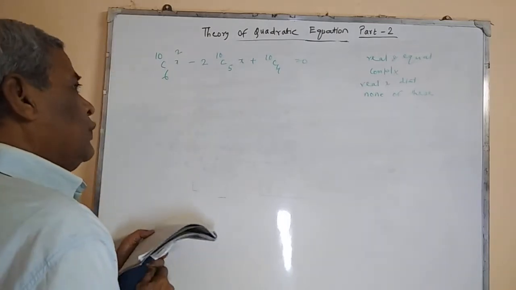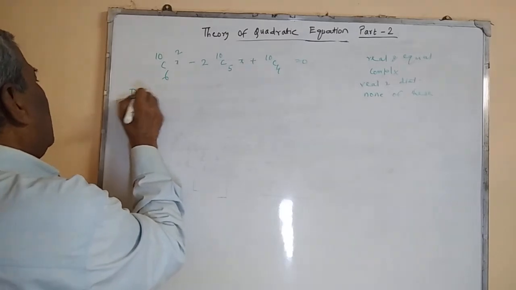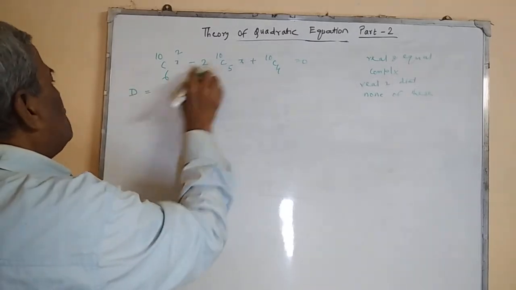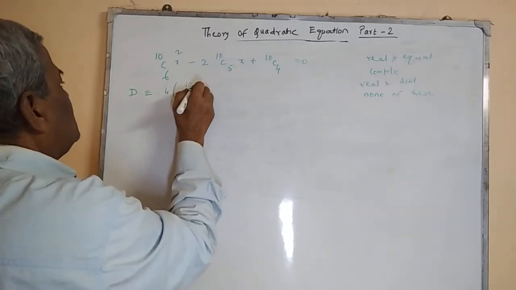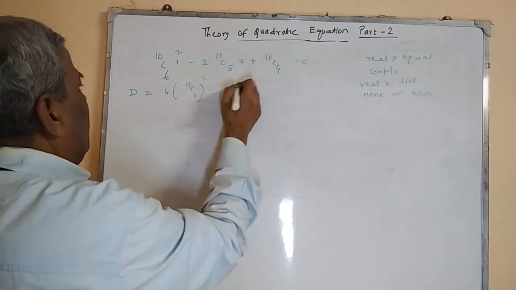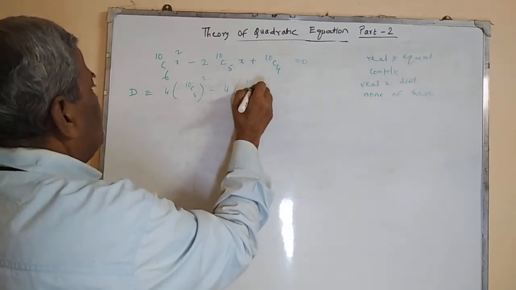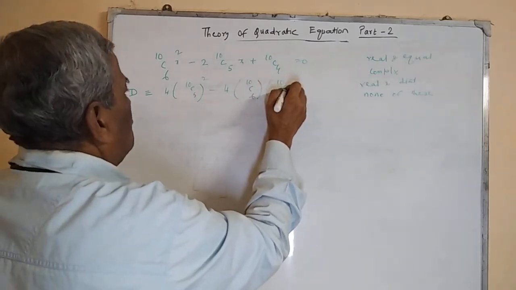So let us find the discriminant d is equal to b square minus 4ac, that is 4 into 10C5 whole square minus 4 into 10C6 into 10C4.